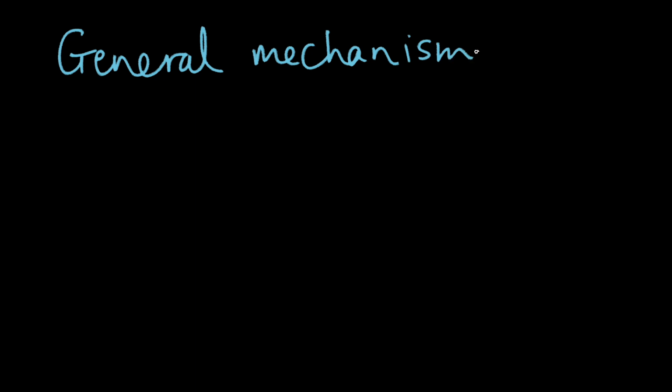So hopefully from this you're starting to see the pattern. So we can write out a general mechanism for electrophilic substitution reactions. So assuming that you've found a way to generate your electrophile, you then react it with benzene like this. So your arrow goes from the delocalized system attacking your electrophile.